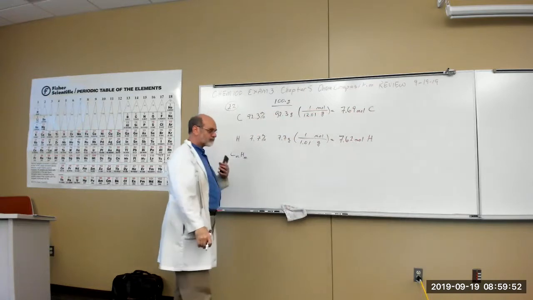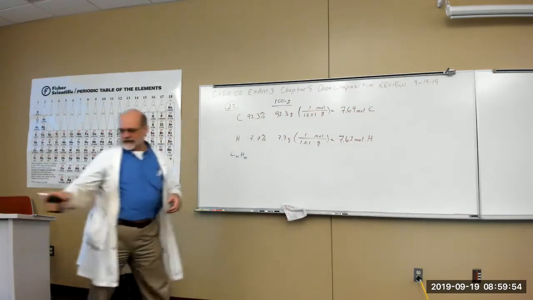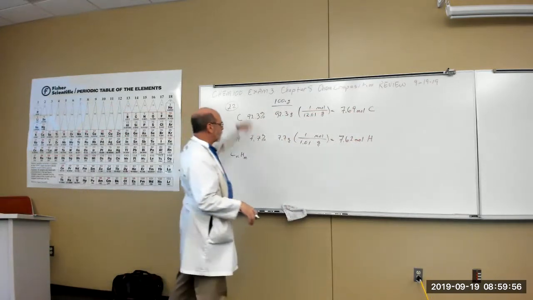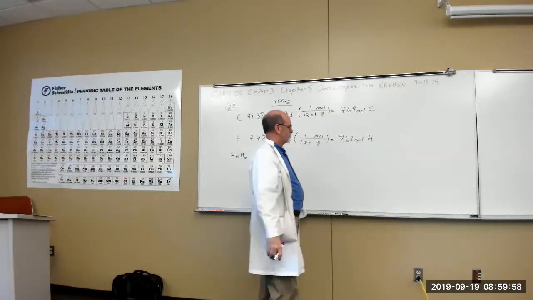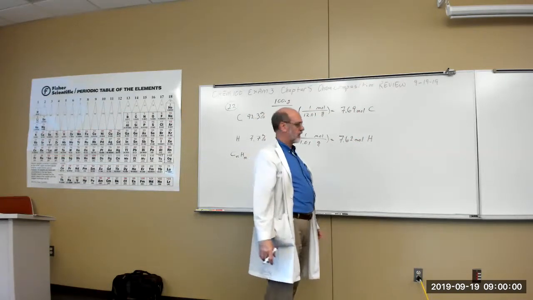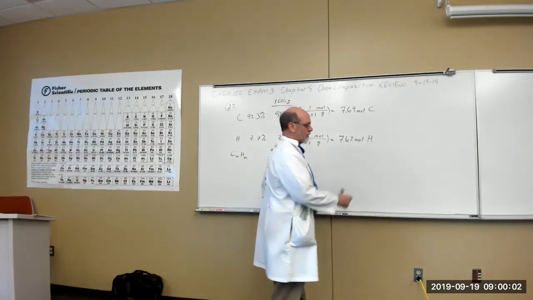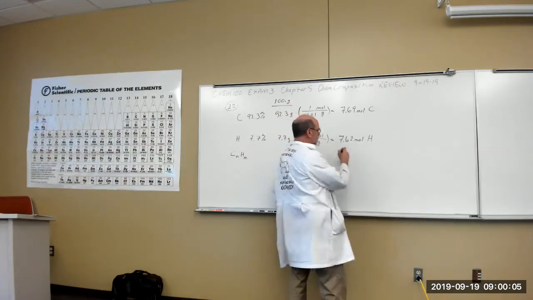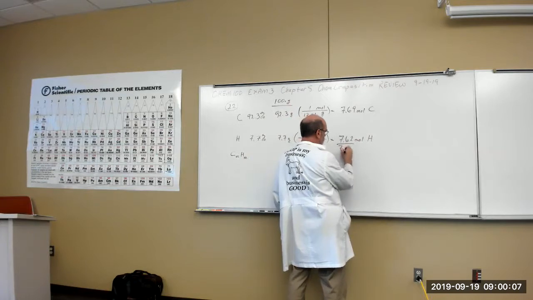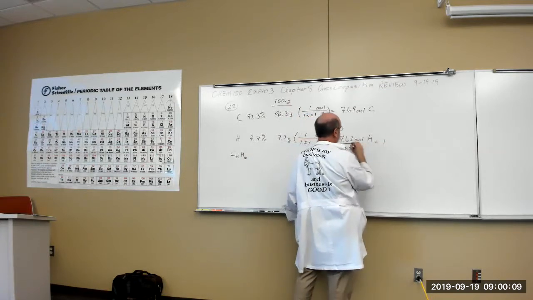Now, normally what I would say is divide through by the smallest number. Right, so that would be this one. And we can do that just to be consistent. So that's going to be 1.